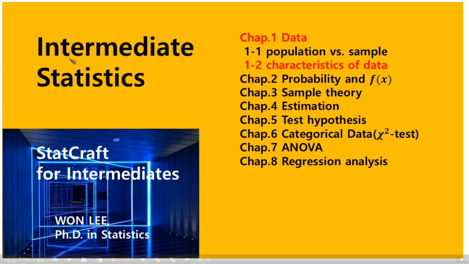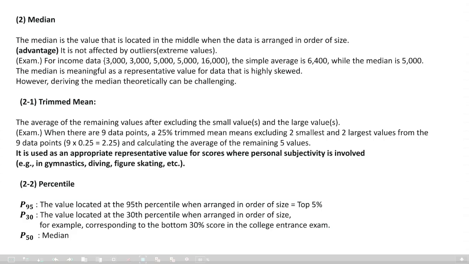First one is mean, average. Second one is median. I just mentioned a little about median last time. Let me repeat it. Median is the value that is located in the middle of data when the data is arranged in order of size, meaning magnitude.